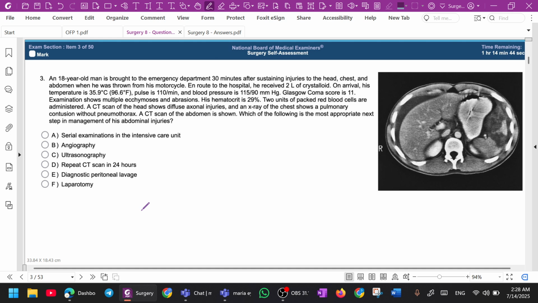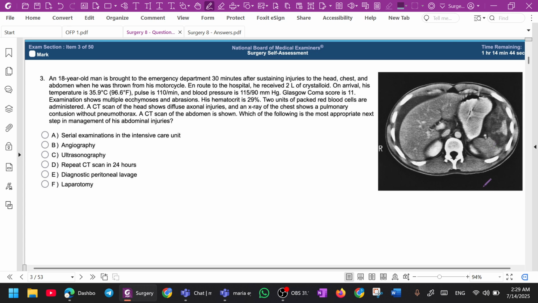Can you see something on the CT scan? There is some fluid accumulation above the liver. I am feeling that may not be correct, but on the right side there is something.